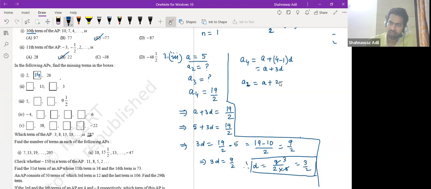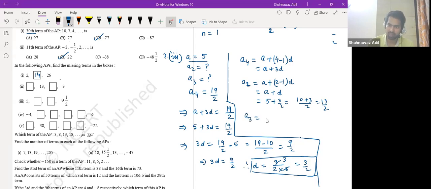So 2 minus 1 into D. So this is A plus D. Do we know A and do we know D? Yeah, we know D is 3 by 2. So this is 5 plus 3 by 2. So this is 10 plus 3 by 2, which is 13 by 2. So A2 we have calculated.